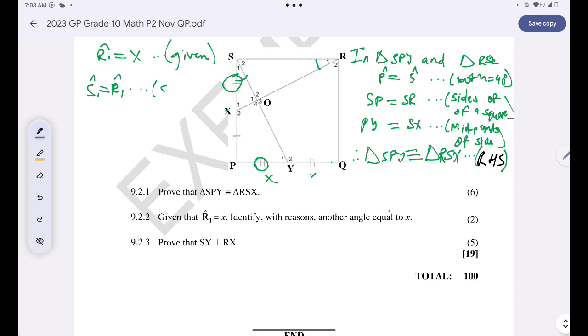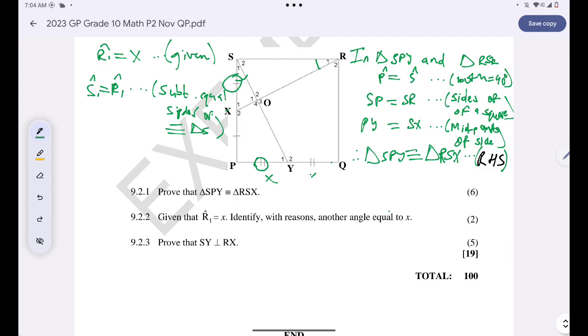These angles are subtended by equal sides of congruent triangles.